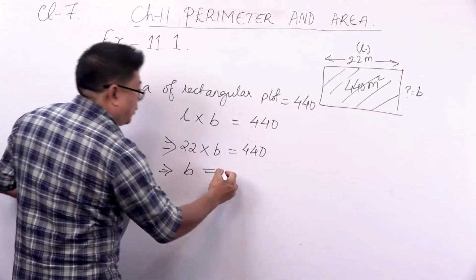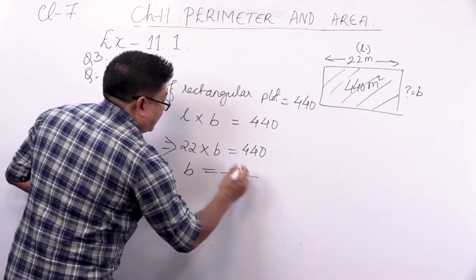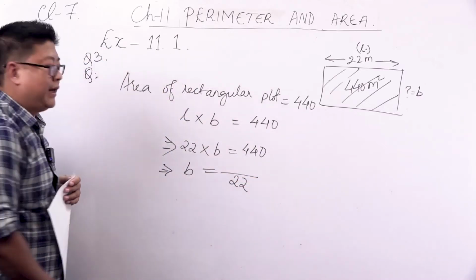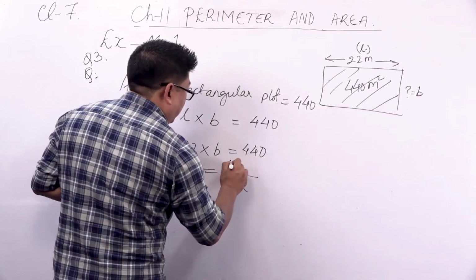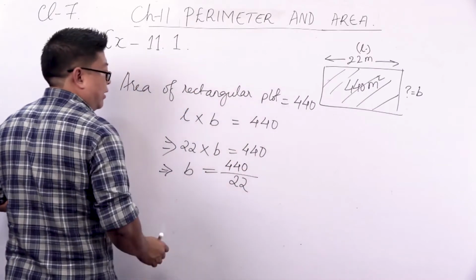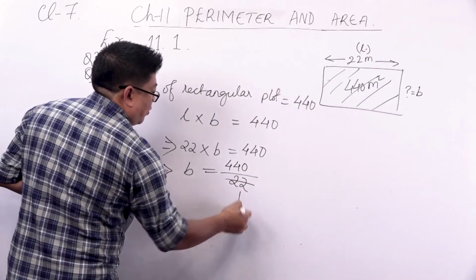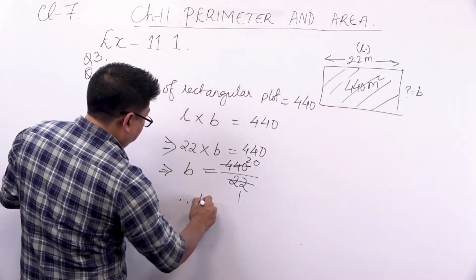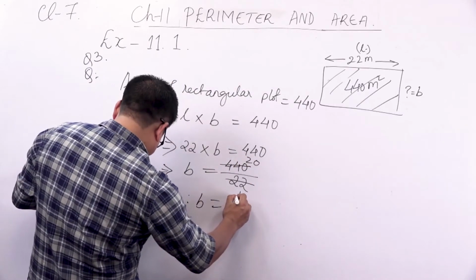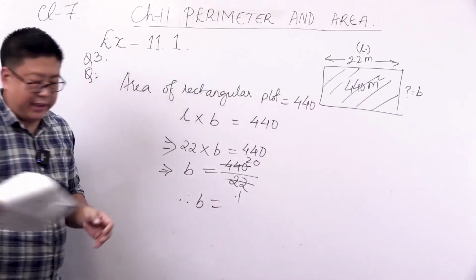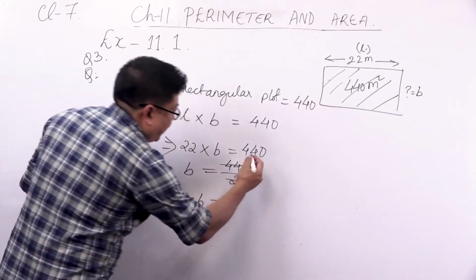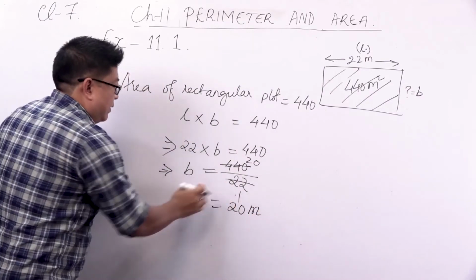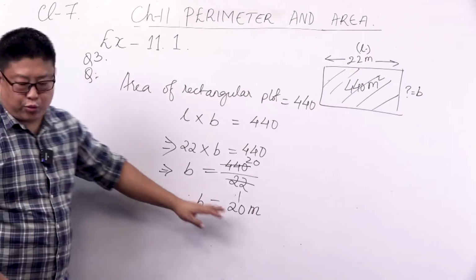This 22 we will take to the other side. Since here it is multiply, if you take it to the other side, it will become divide. And this 440 will be the numerator. So here we can cancel: 22 into 1, 22 into 20. Therefore, your breadth you will get as 20. When you cancel this, you will get 20 meters. So you have your breadth as 20 meters.